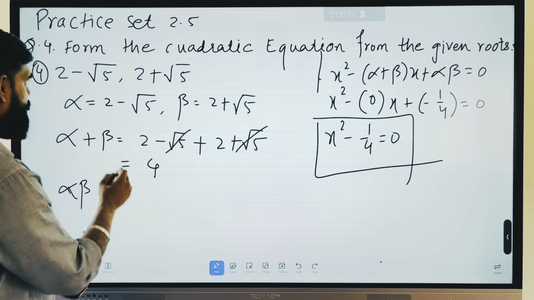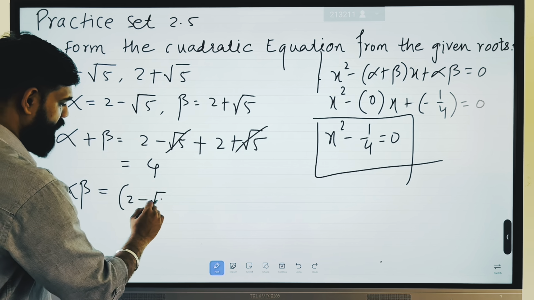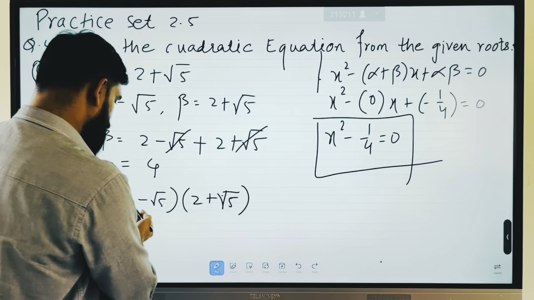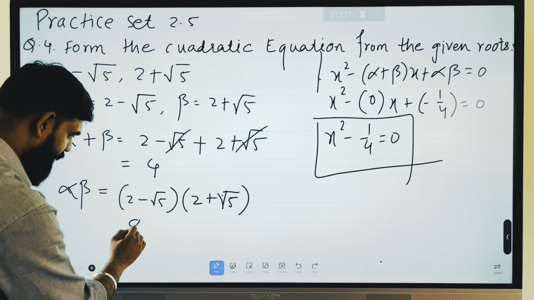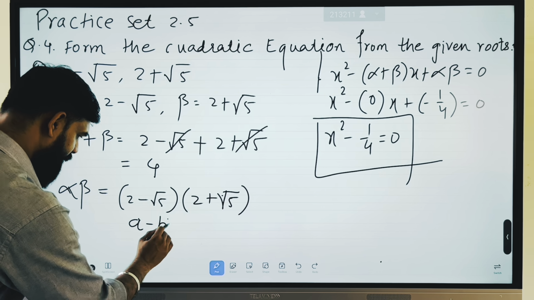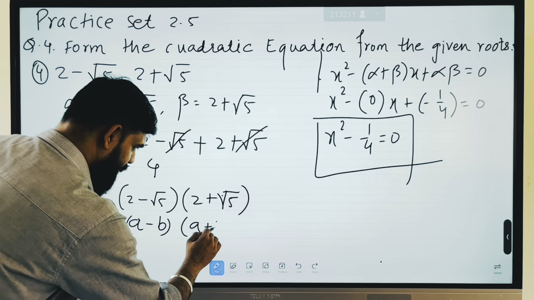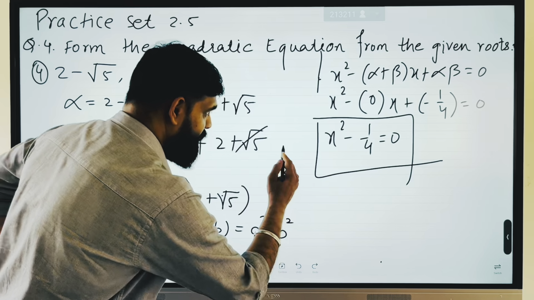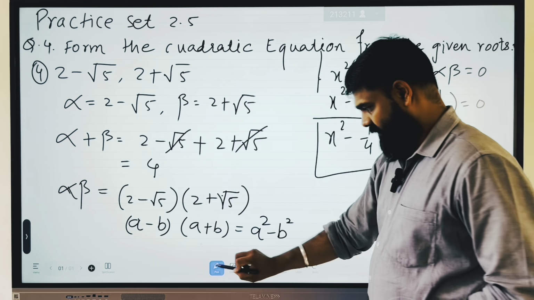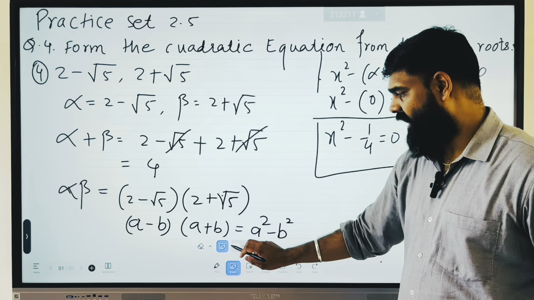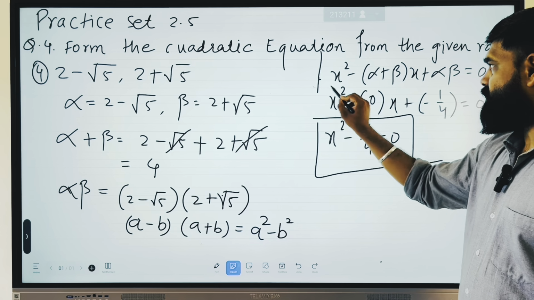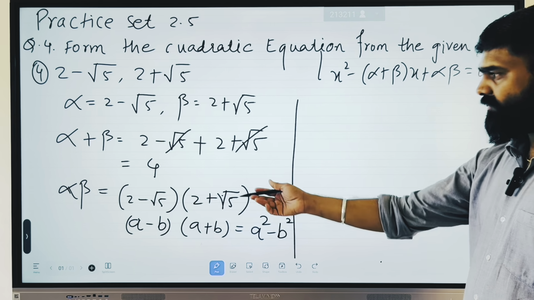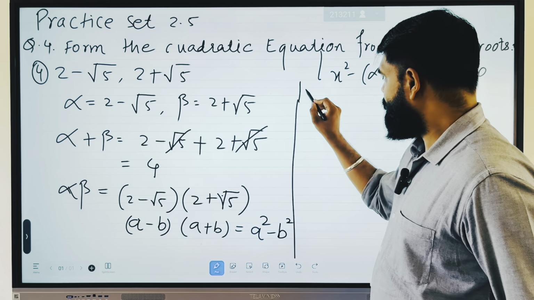The product of the roots will be 2 minus root 5 into 2 plus root 5. If we observe here, we will be using the identity (a minus b)(a plus b), whose formula is a square minus b square. Let us use this formula to get the simplified form of alpha into beta.